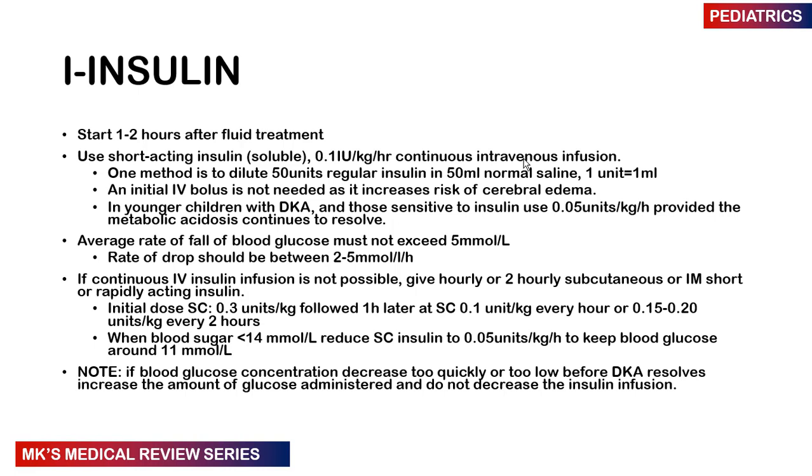So if we are looking at the child that we had, if we're saying 25 kg multiplied by 0.1, so this child should be receiving about 2.5 units of insulin every hour. So it means that in 2 hours they should have received 5 units. So that's about 5 mils of this infusion.